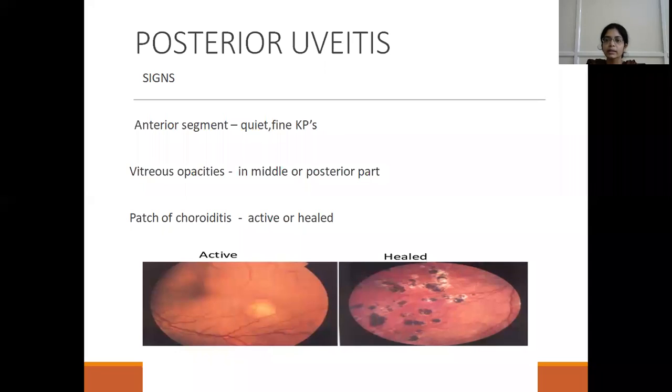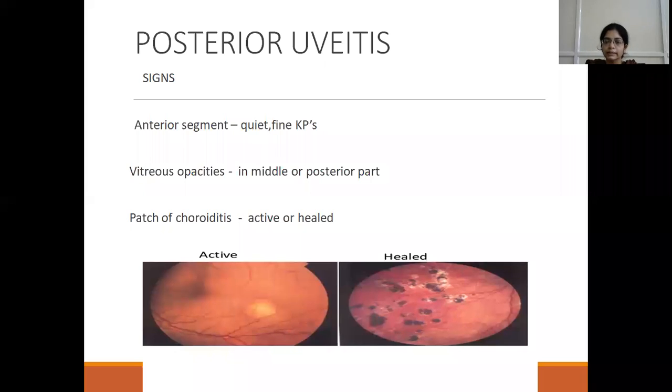The healed choroiditis patch will usually have pigmentation and it is not raised above the surface, it is obviously flat. And because the choroid is becoming atrophic, you can always see the sclera which is present underneath. So again, coming back to basics, the retina, the choroid, and behind it is the sclera.